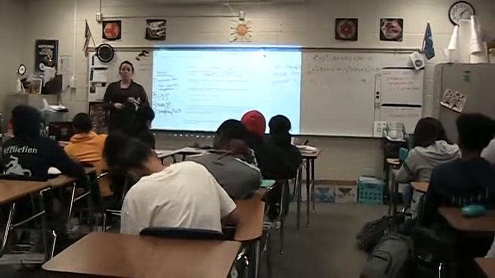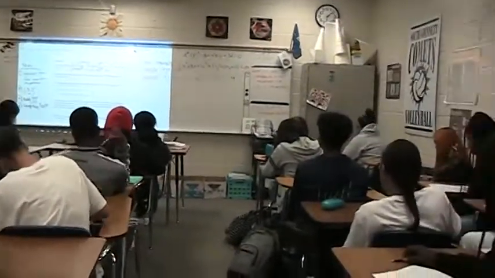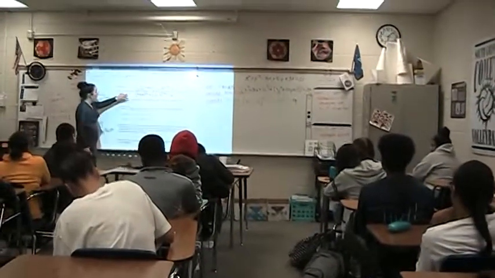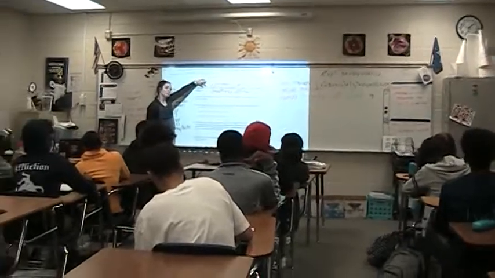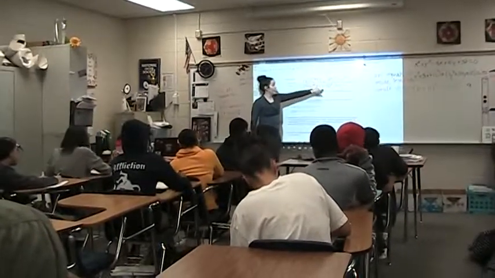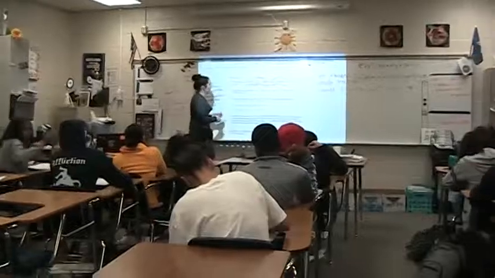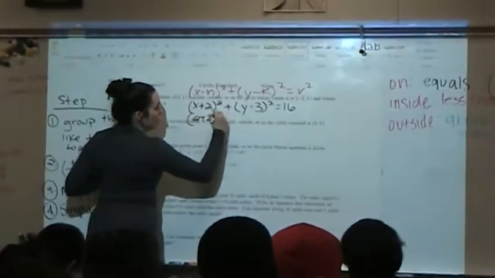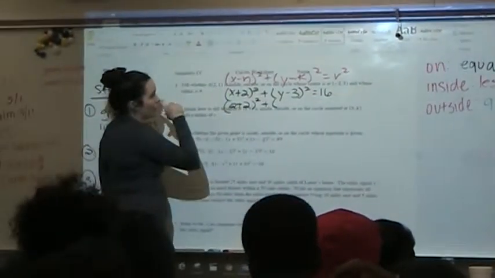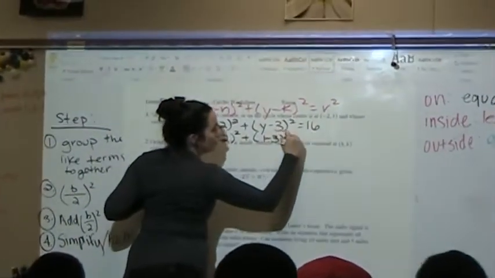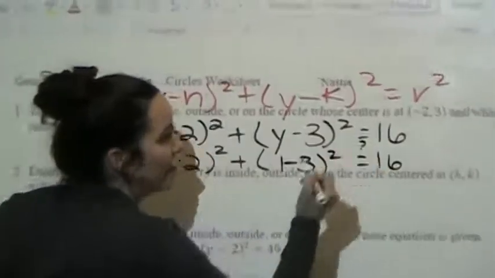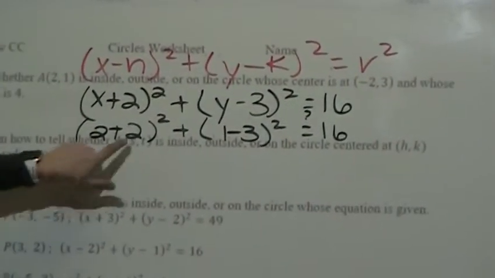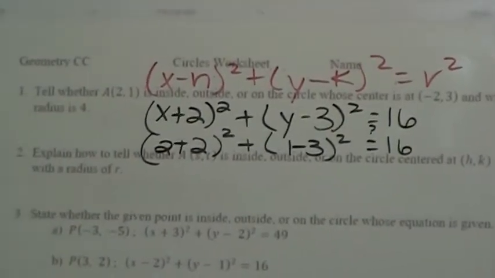Now what was my question actually asking? Inside, outside, or on the circle. So I'm going to take this point and plug it into x and y. When I do that, I get 2 plus 2 squared plus 1 minus 3 squared, and I'm trying to figure out, is that equal to 16? 2 plus 2 is 4. 4 squared is 16.